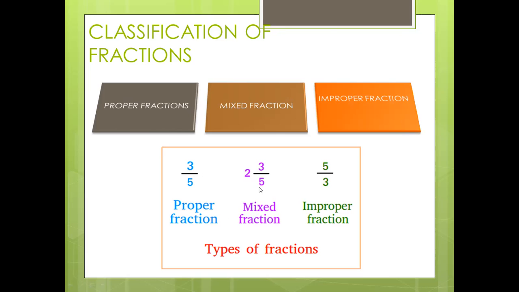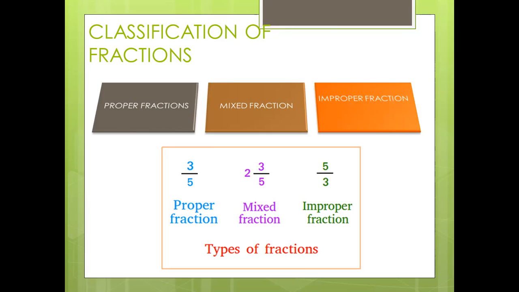And the last classification is the mixed fraction. A mixed fraction is a combination of a fraction and a whole number, written as the sum of an integer or whole number and a proper fraction. An improper fraction can be expressed as a mixed number or vice versa. For a mixed fraction, there is an integer or a whole number. So these are the types of fractions.